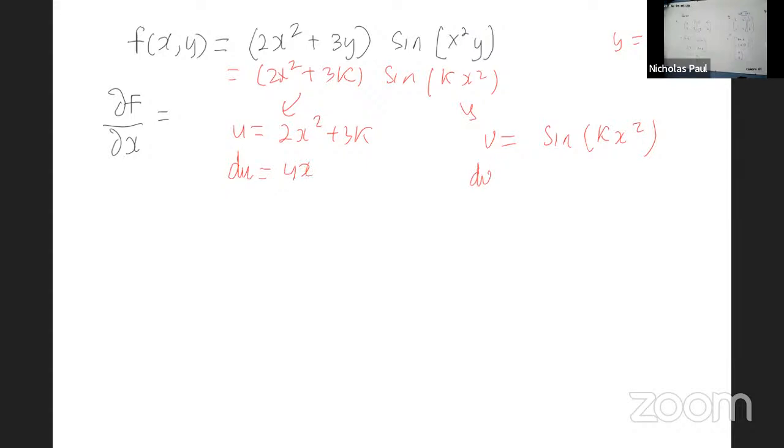What's the differential of sine kx squared? What will that be? 2kx. So the differential of kx squared will be 2kx. The differential of sine is cos, then you write back kx squared.